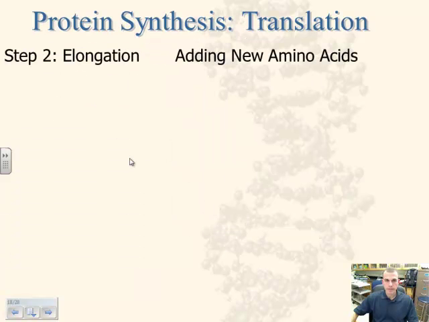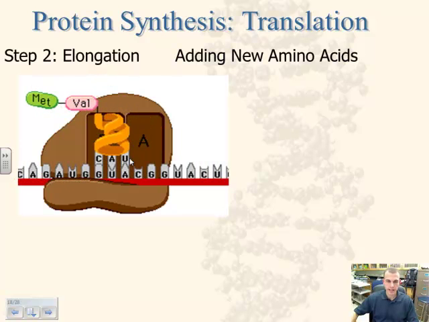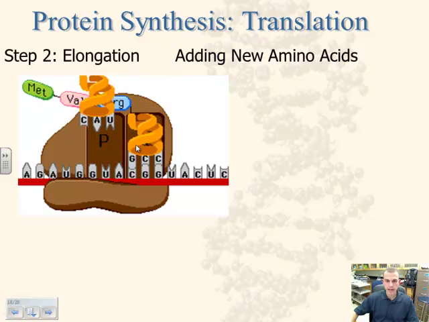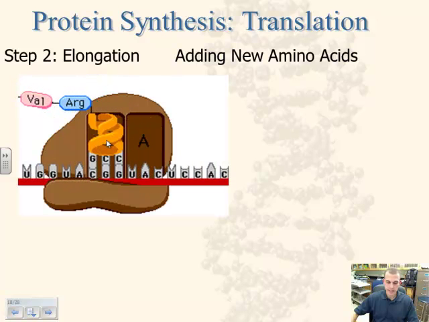Okay, step 2, elongation. This is where we're going to be adding in our new amino acid. You can see in the animation, the tRNA is being left, that was the methionine. There's a new tRNA that was brought in, valine, the new amino acid. And then there's another amino acid coming into the A site, and this one will move over to the P site. And then eventually we would have another amino acid come in.